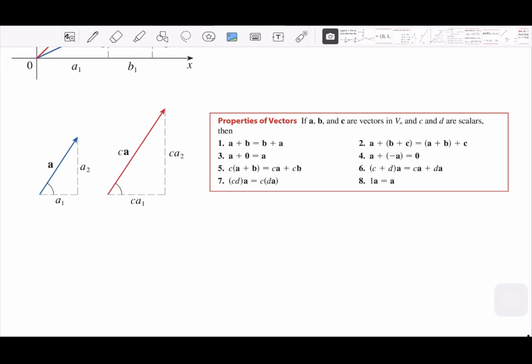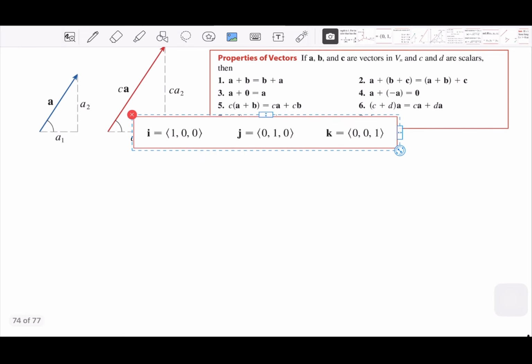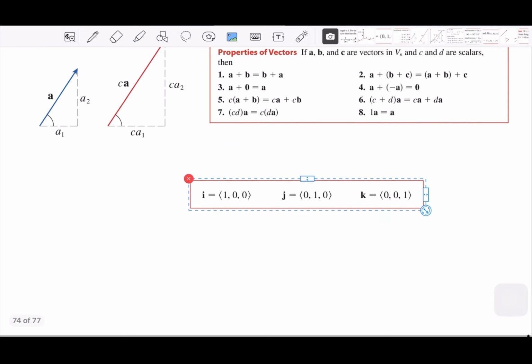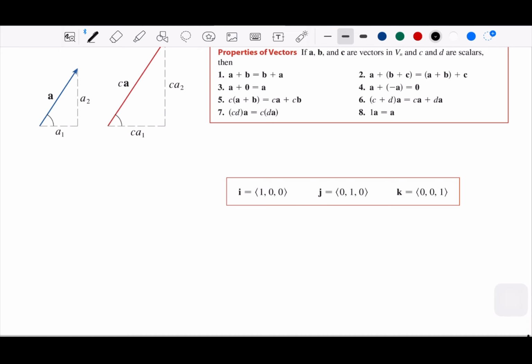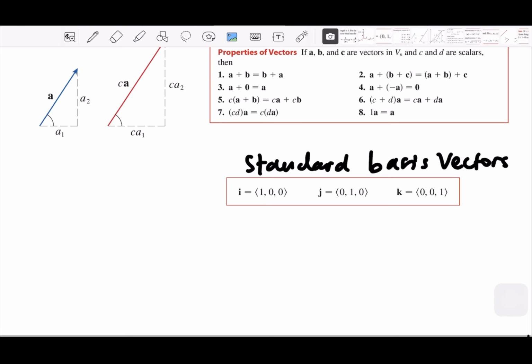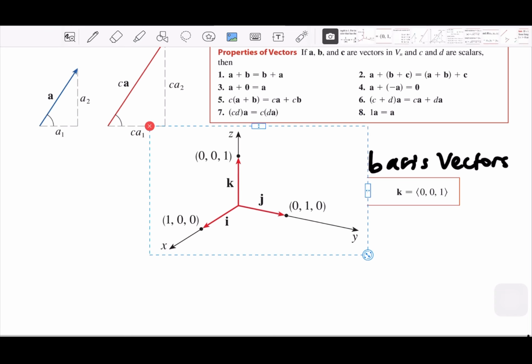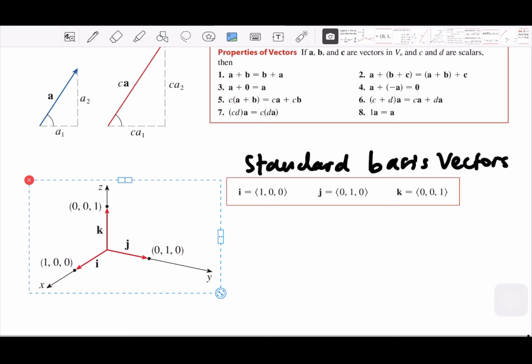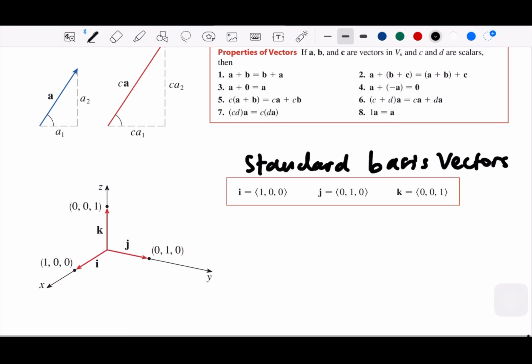Another point of view is the basis. So this is what we call the standard basis vectors, which means that for each x, y, and z, they are precisely at one unit value.